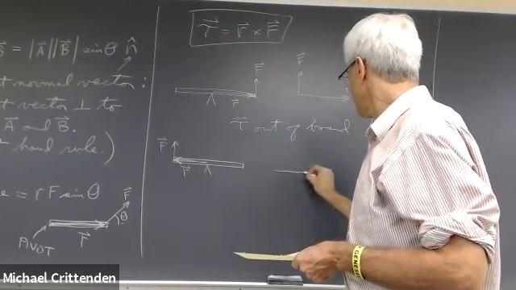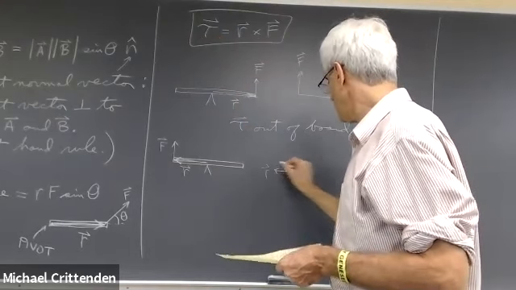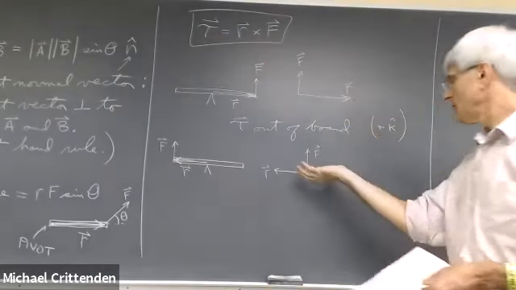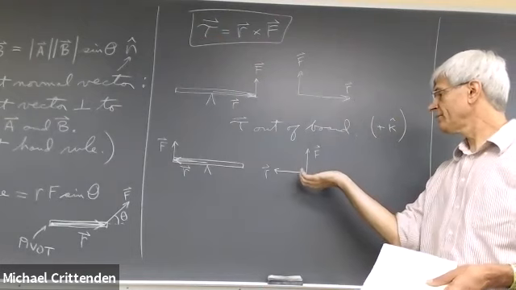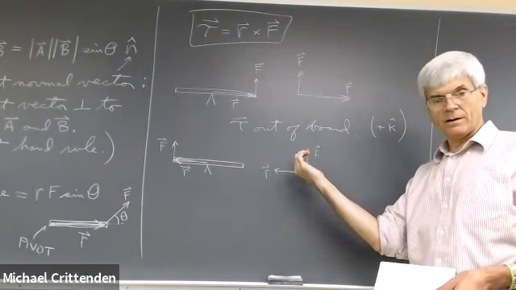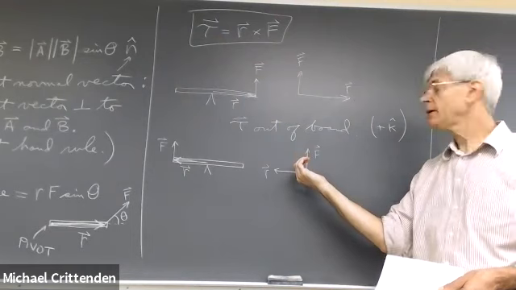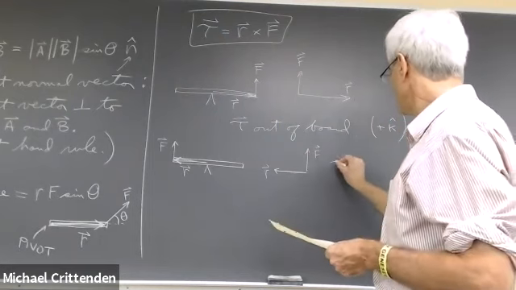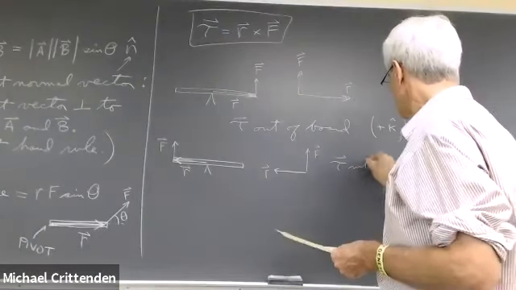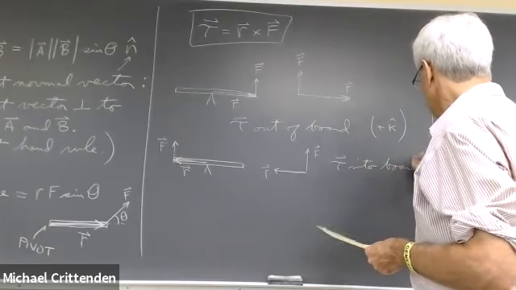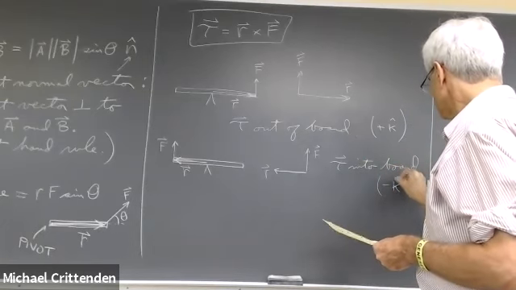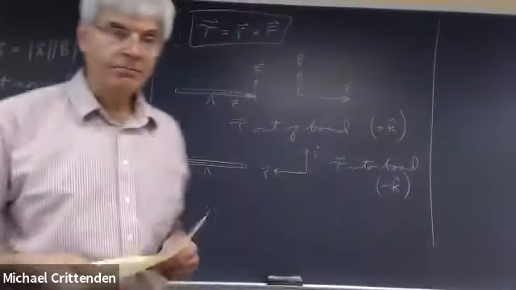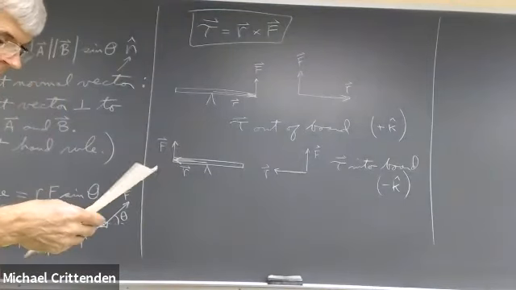Now you've got a radius vector that points that way. Force still points up. Wrap your fingers around the Z-axis, pointing from R toward F. Thumb points, remember to use your right hand, into the board. So in that case, this unit vector would be minus K rather than plus K.